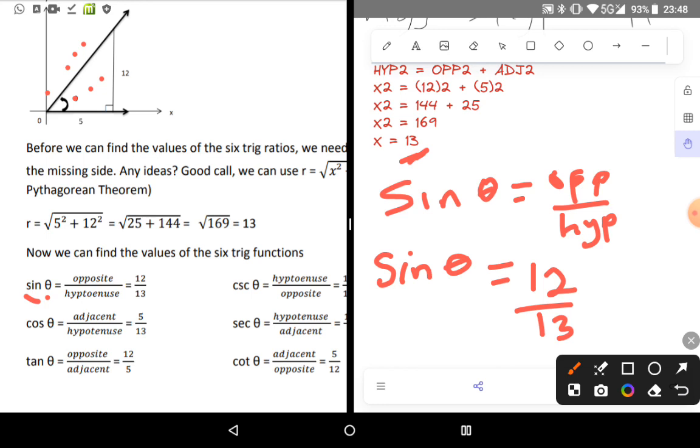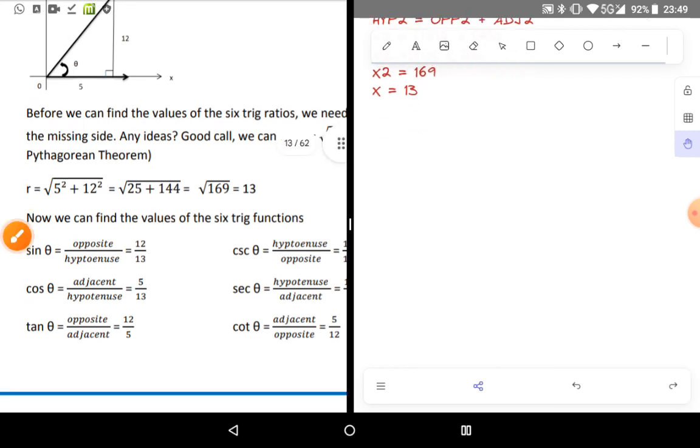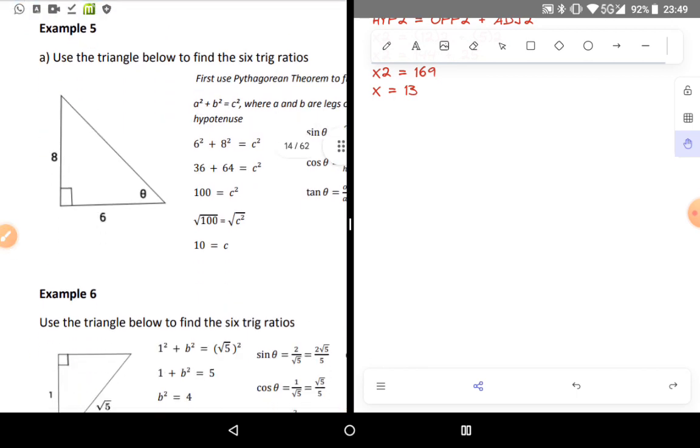Let's say, for instance, I have a degree here just like 45, or I have about 60 or whatever. So to get a specific or special angle, we are going to look at how we can go about it. For that one, we are only going to be dealing with an equilateral triangle to get all of those formulas. So let's look at all those special angles that we can actually come across.